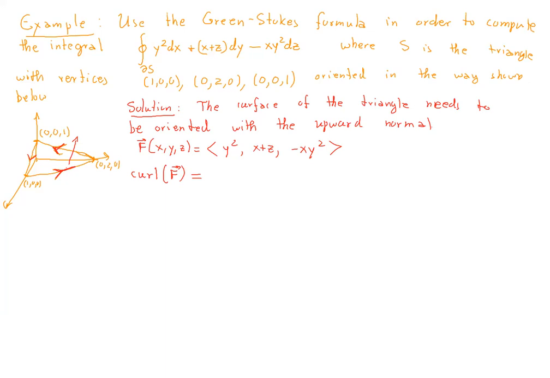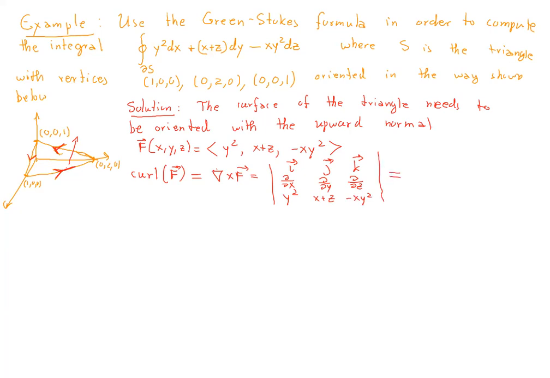And it's going to be the gradient operator cross with f, which is i, j, k, partial differentiation with respect to x, partial differentiation with respect to y, partial differentiation with respect to z. And now we will have y squared, x plus z, minus xy squared.